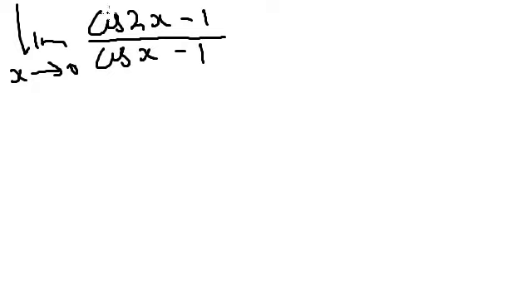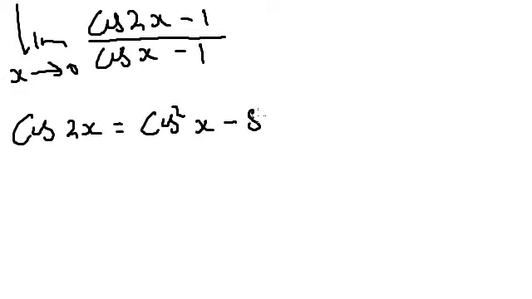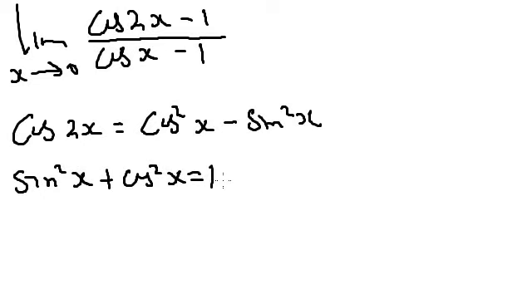So let's begin. First, let's replace cos 2x with some manipulated expressions. Since we said earlier that cos 2x is indeed equal to cos squared x minus sine squared x, well, notice that from the first three identities we discussed, sine squared x plus cos squared x is equal to 1.